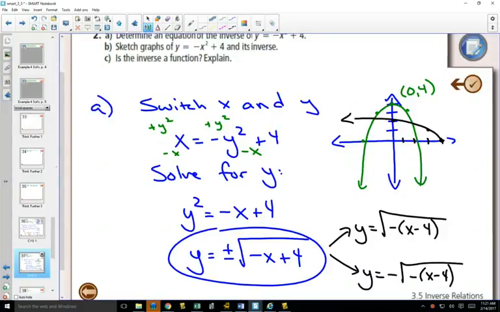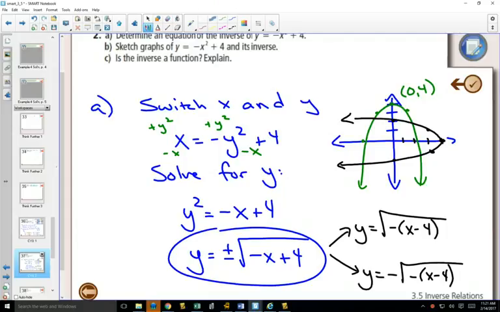The bottom one has 2 flips. You would flip it down, then flip it over, and then move it 4 to the right. And it looks like this. So I used transformations to graph both of those.